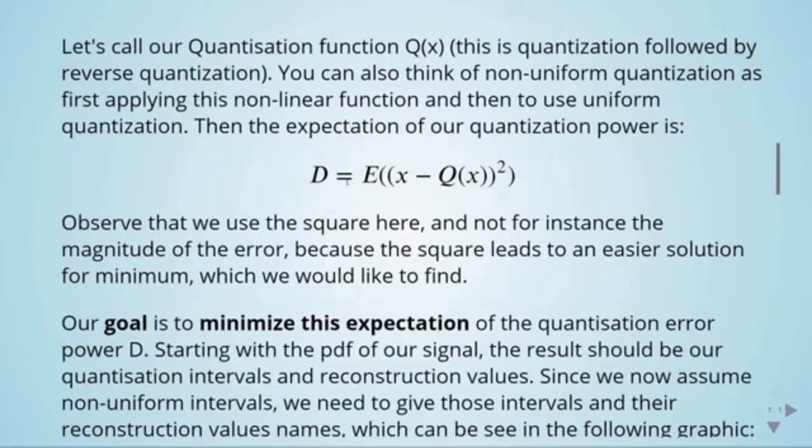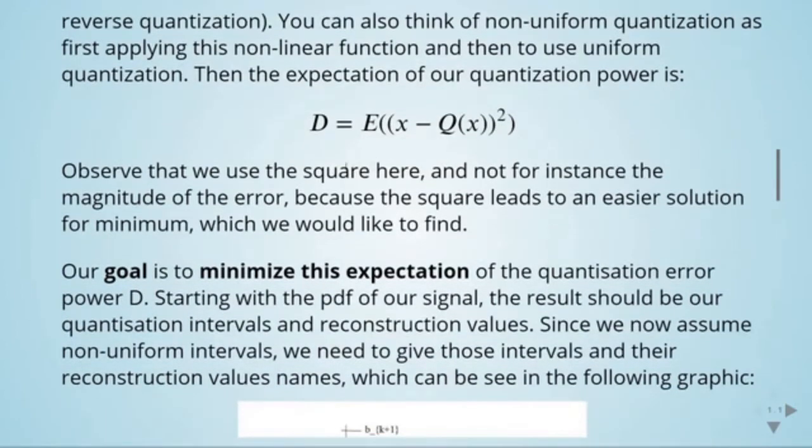So d is our quantization error power, E here is the expectation, here we have our signal minus the quantization function, and here is our square. So our goal is to minimize this expectation of the quantization error power.